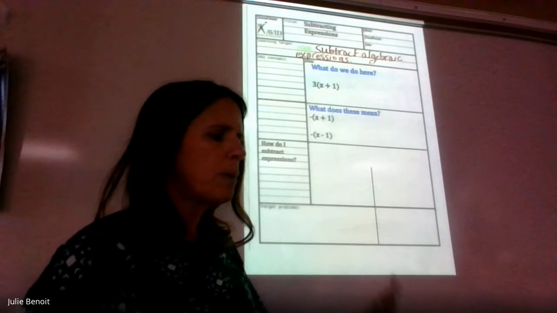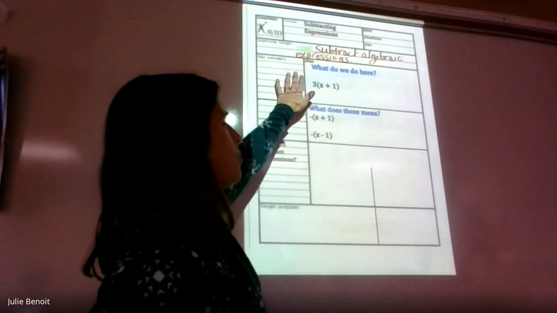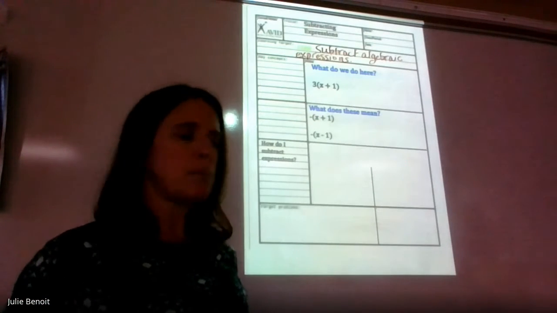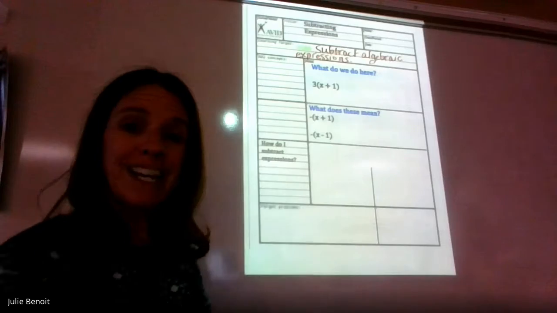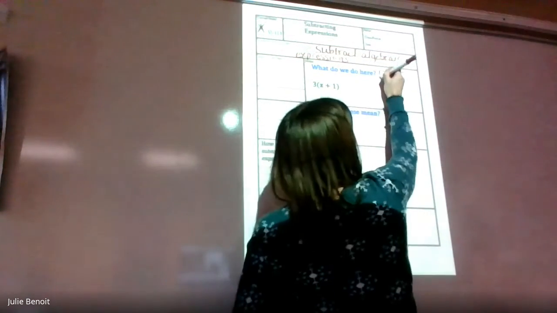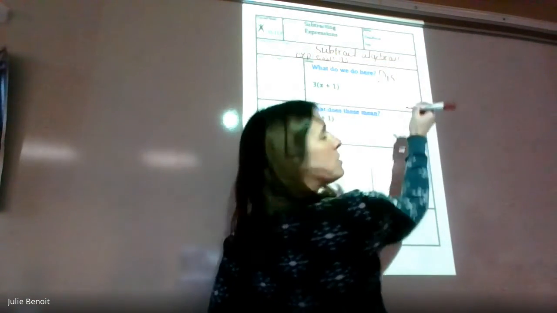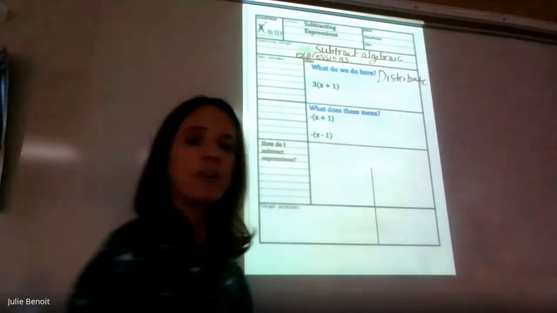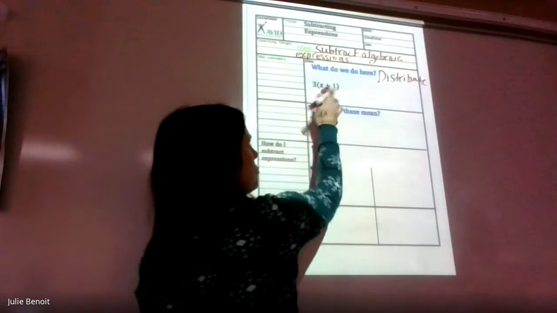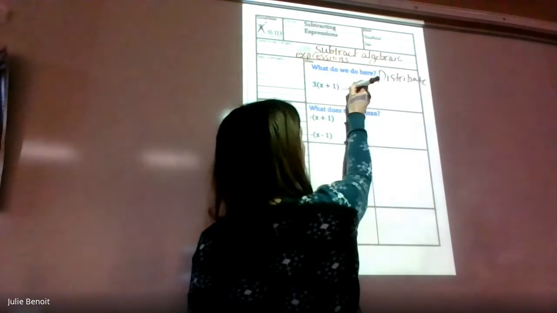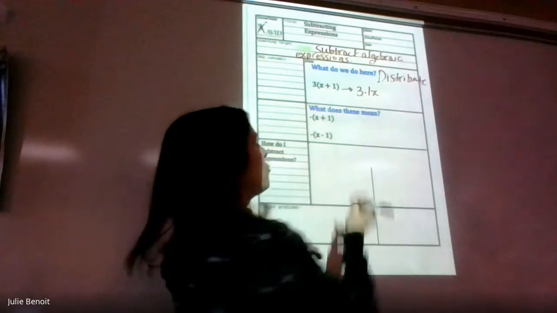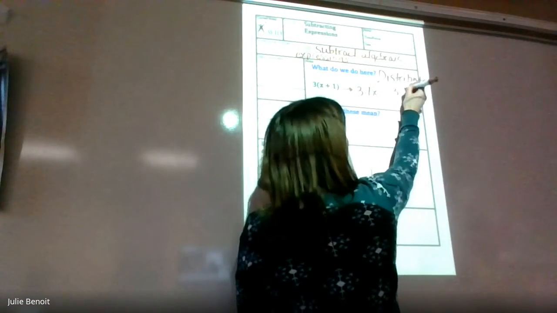We're going to do a quick review here. Question, what do we do here? When you see 3 times the quantity x plus 1, hopefully that reminds you to use that distributive property. And you're going to distribute that 3 to 1x using multiplication and a 3 to the 1.